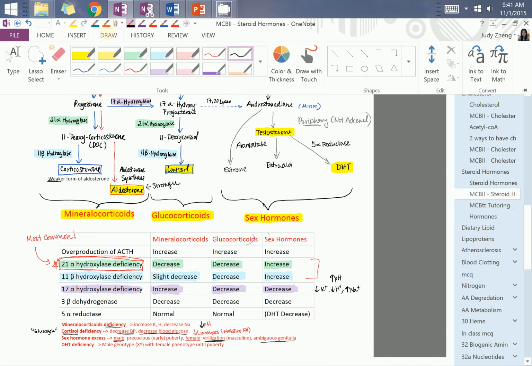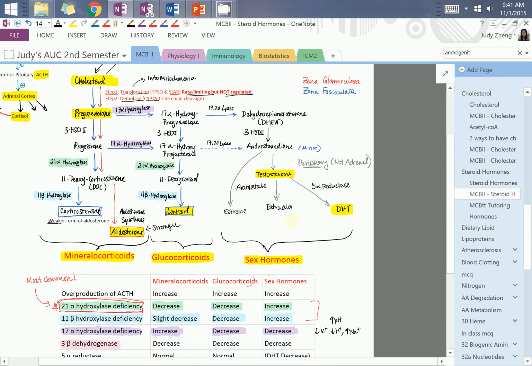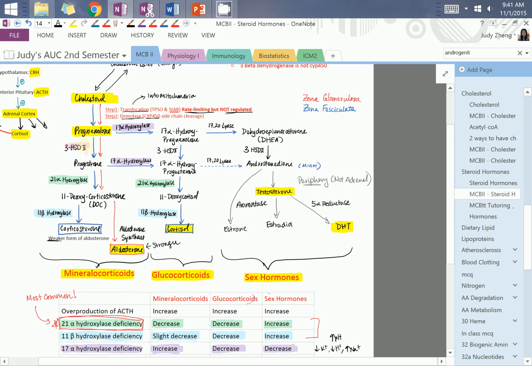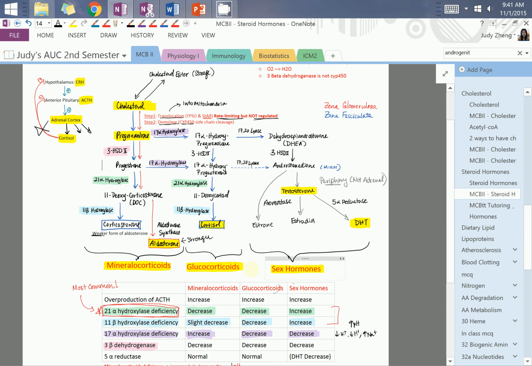Okay. And then the next one is the 3-beta dehydrogenase. And let's find that up here. Okay, so another note about the 3 beta hydrogenases, that you notice the other ones are all called hydroxylases.